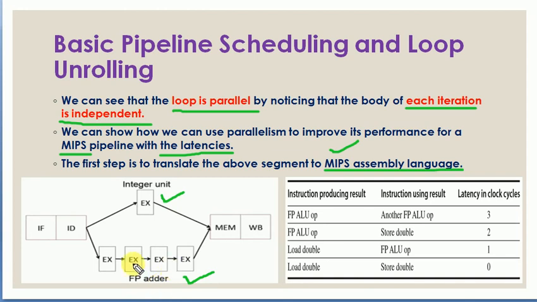So we are using a floating point adder, and this unit is actually being pipelined. That means it is divided into a number of further stages for the FP adder execution itself.